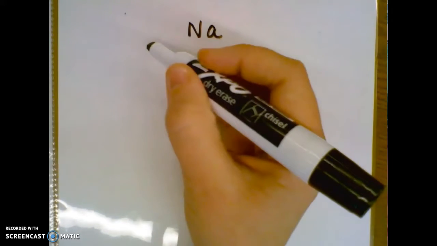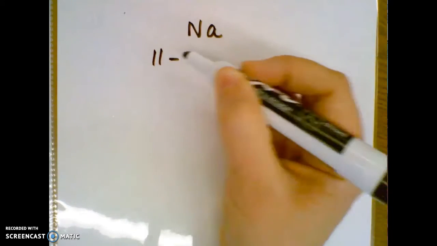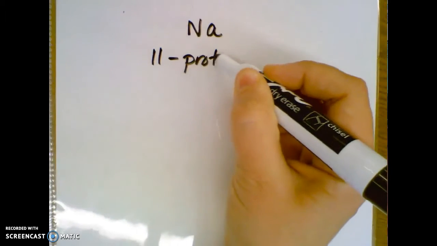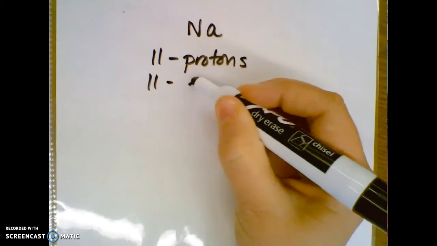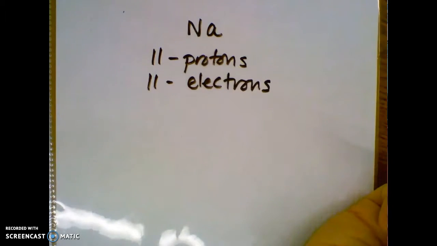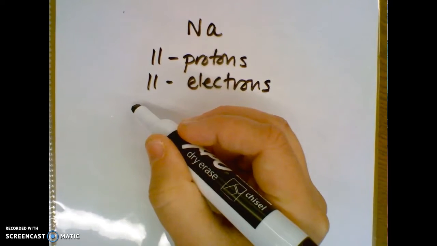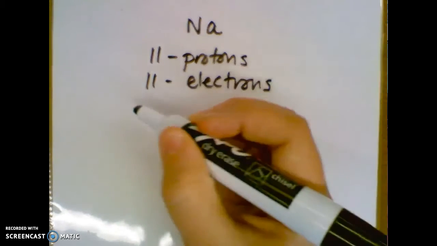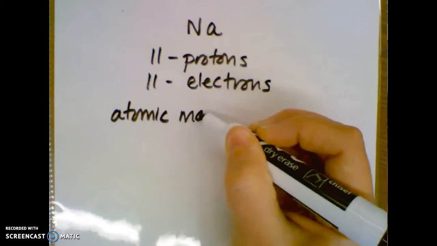So if sodium has an atomic number of 11, that means there's 11 protons, 11 electrons. And so when we look at the mass number, or the atomic mass, remember either or, atomic mass and mass number are the same.